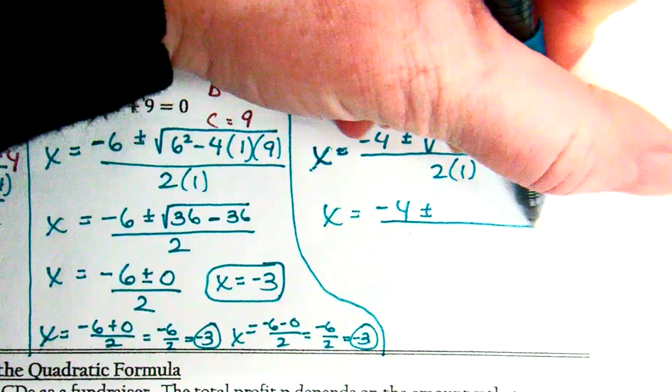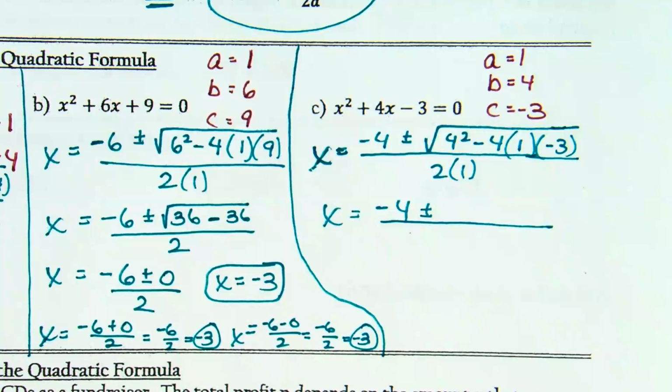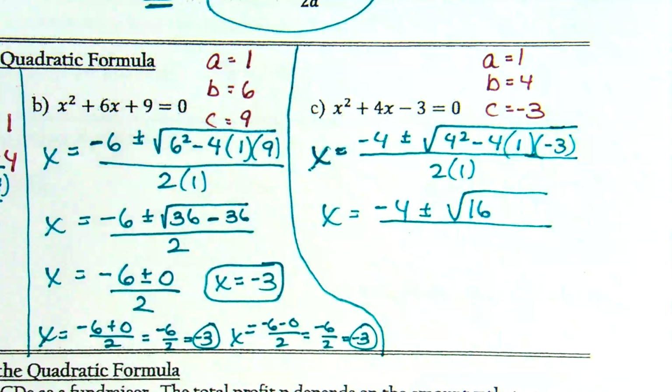Next thing you're cleaning up is the radical. What do you know is happening under that radical? Okay, 4 squared is 16. What else do you know under that radical?